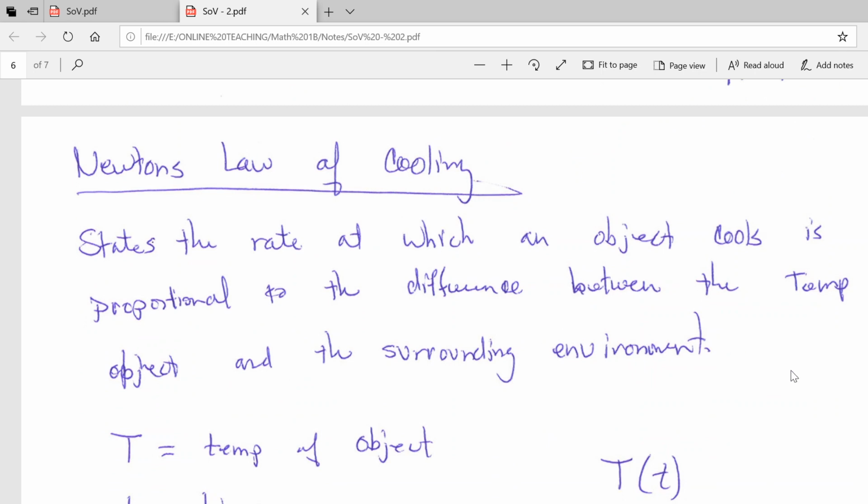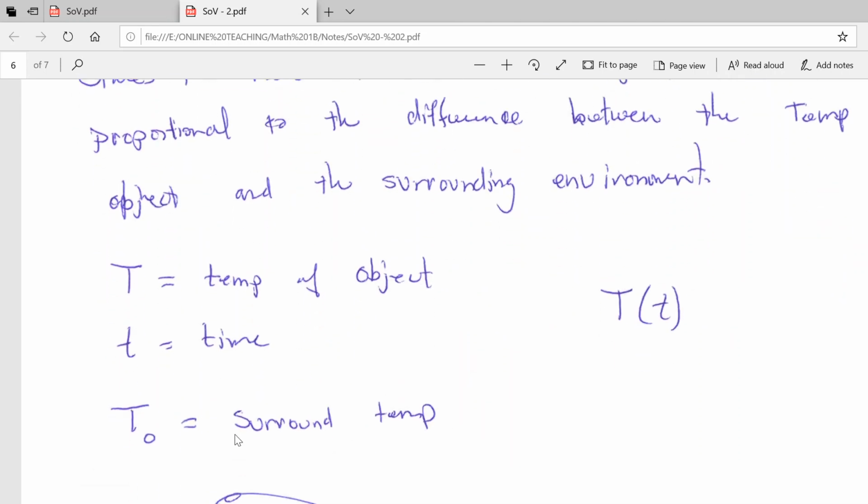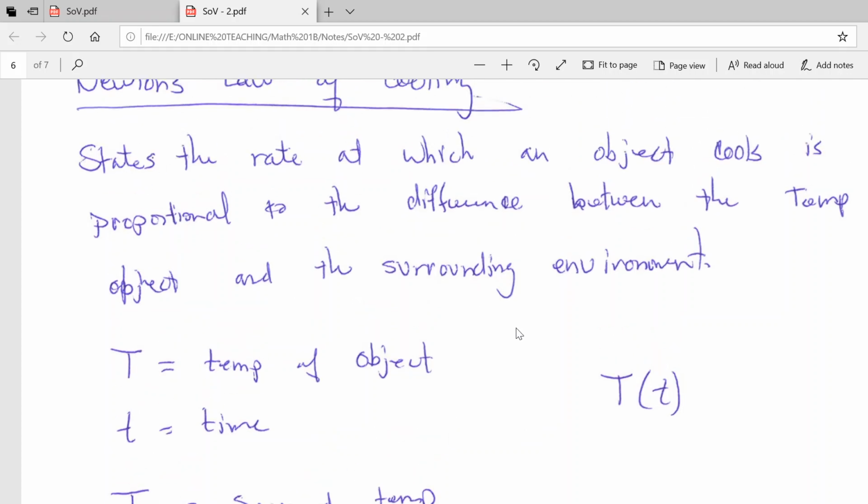Let's turn this into a differential equation and solve it. So let's let capital T be the temperature of the object, and let's let little t be the time. And so we actually are looking for a function T of t that gives us the temperature at any time t. Let's let T naught be the surrounding temperature. And now let's put what Newton said exactly into mathematics. The rate, another word for rate is derivative.